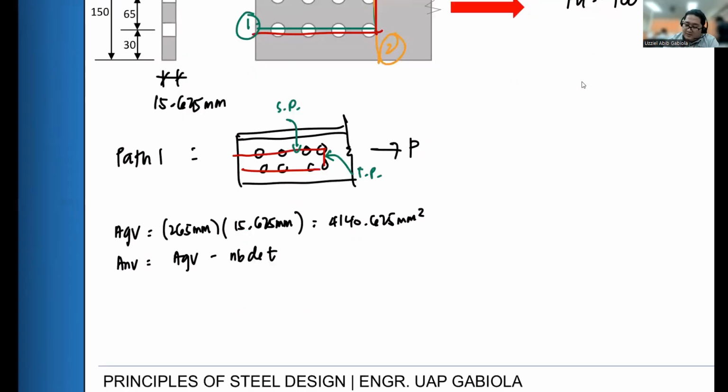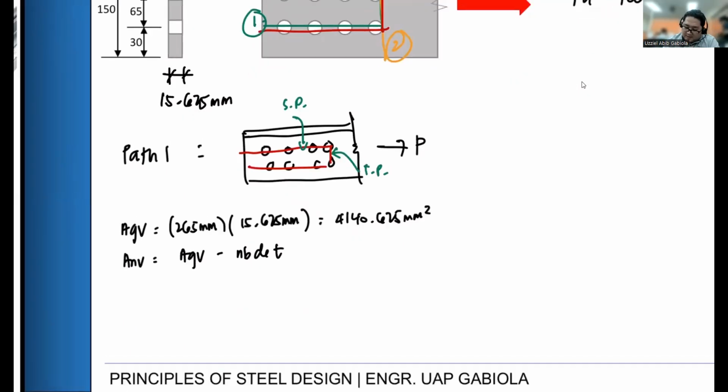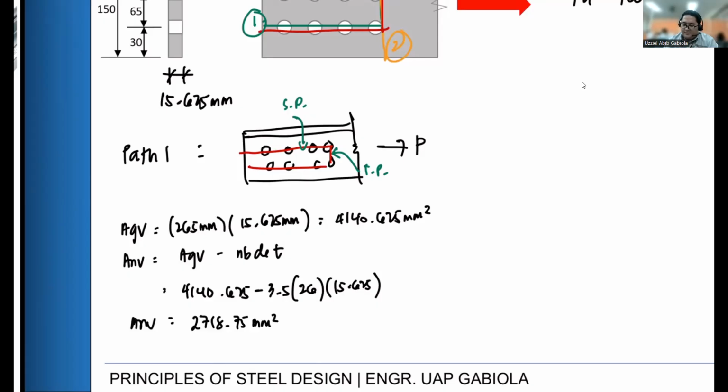So calculating that, we have 4,140.625 minus 3.5, DE is 26, times 15.625. Our ANV is equal to 2718.75 mm squared. Okay, that is our ANV.